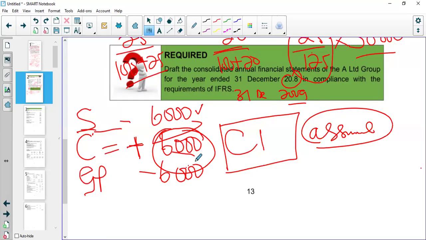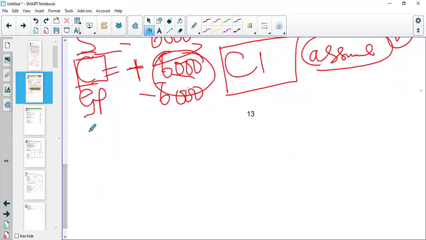Because we assume we had it from the beginning of the year, and now that inventory has been sold, we can realize that profit. And we realize the profit by reducing cost of sales, right?